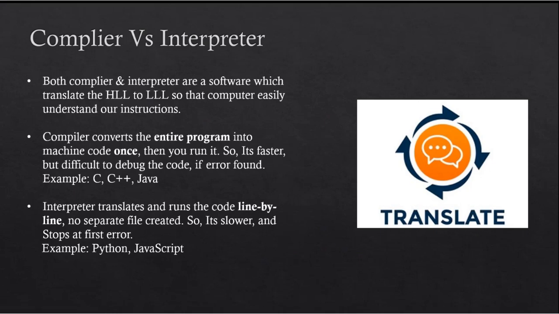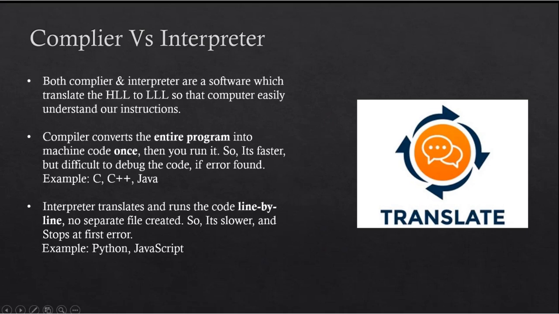Now moving to our next topic, compiler and interpreter. Compiler and interpreter are two different softwares. A compiler is software which translates high level language to low level language. For compilers, we have languages like C, C++, or Java.